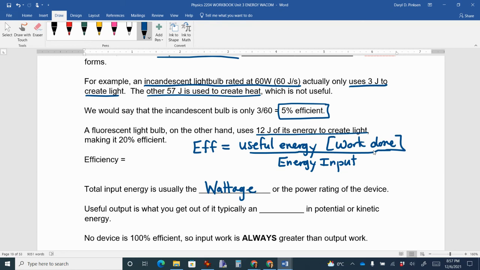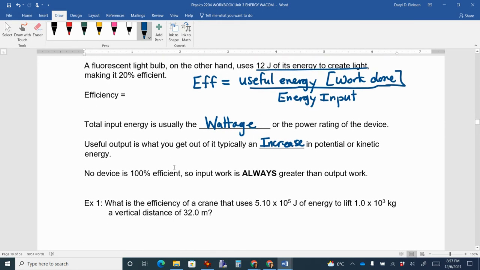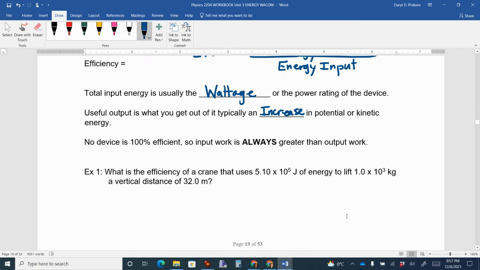The useful output is what you get out of it, typically an increase in potential or kinetic energy. So no device is 100% efficient. Input work is always greater than output work.